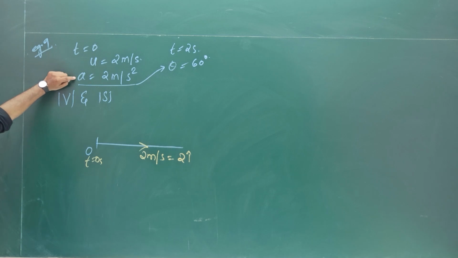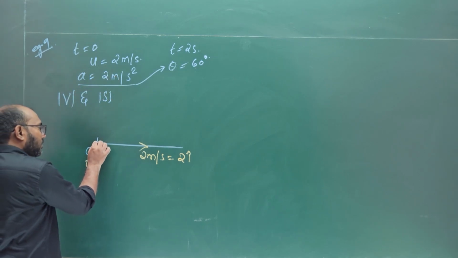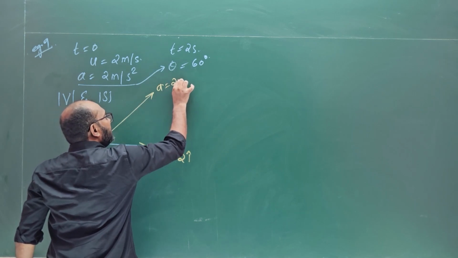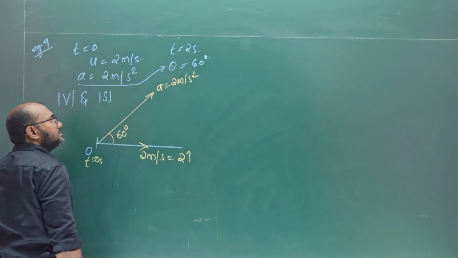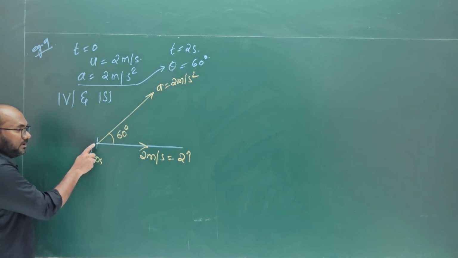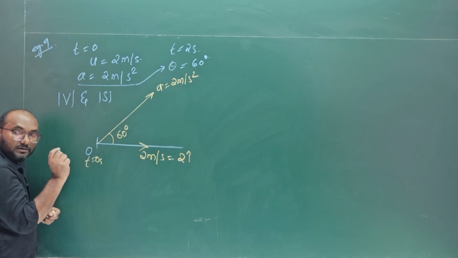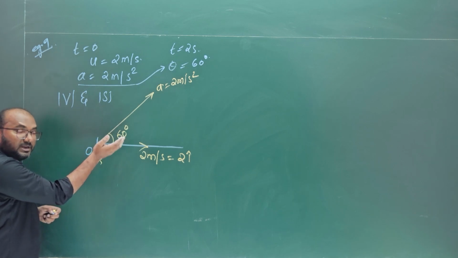Now acceleration is also acting on that body, 2 meter per square second, but at an angle of 60 degree. That means if the body is at the origin, acceleration is acting in this direction by 2 meter per square second, making an angle with the velocity of 60 degree. Got my point? How they frame the question. Initially, body is here and going in this direction at t equals 0, 2 meter per second. And acceleration is acting with an angle of 60 degree with the velocity.